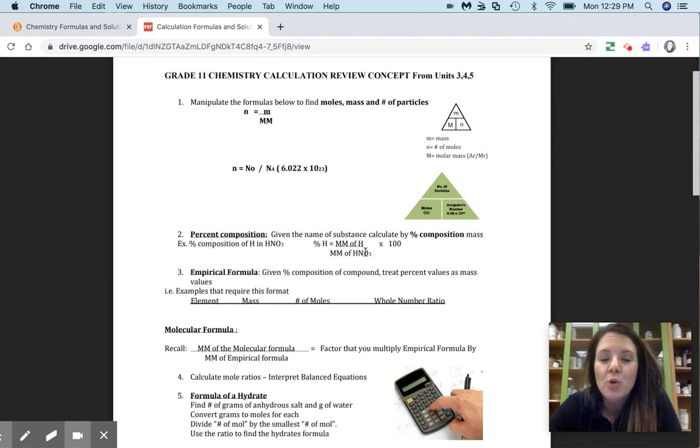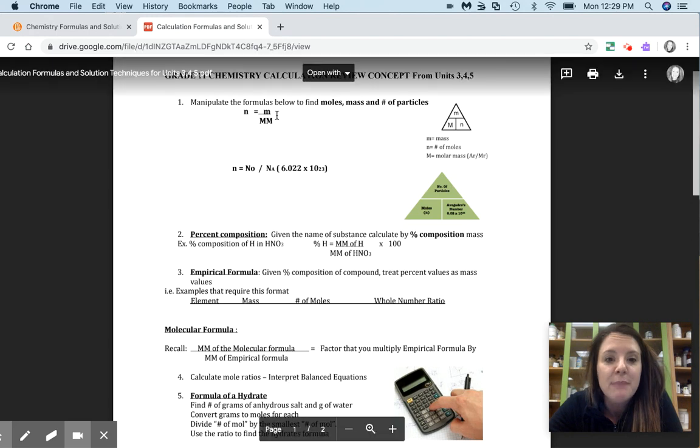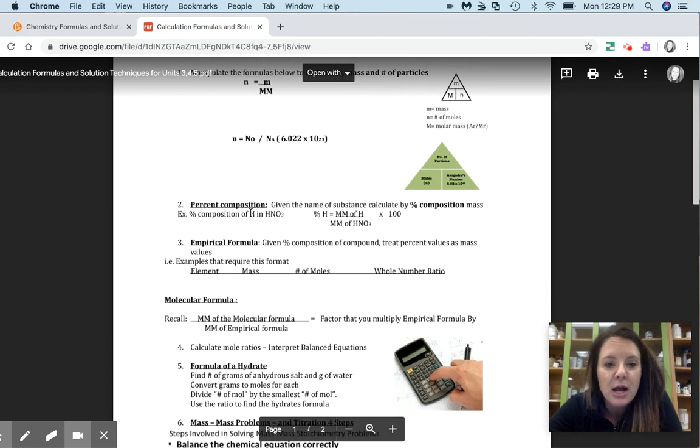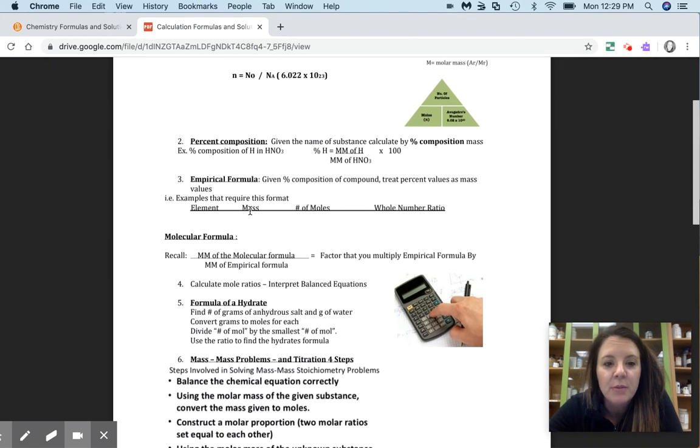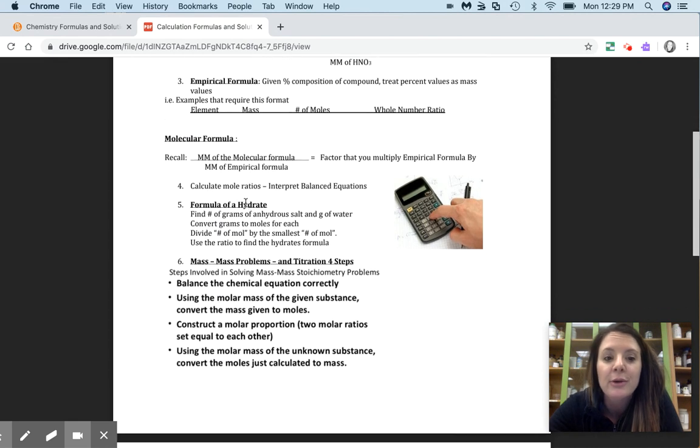These are all the formulas that we've done in the course that are important to you. Some of the more basic type calculations are going to be in the multiple choice. So if it's a one-step type calculation, then you might find it there. So for instance, if I give you mass and I want you to calculate moles, one simple calculation might be found there. Here's your method on how to do percent composition, empirical formula that we talked about, how to do formula of a hydrate.